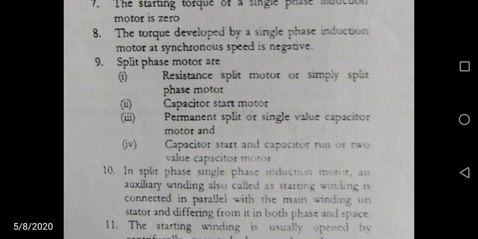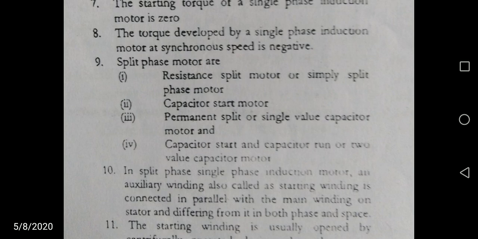Split phase motors are the resistance split phase motor or simply split phase motor, the capacitor start motor and permanent split, which are single value capacitor motors, and capacitor start and capacitor run, which is a two value capacitor motor. So these are the different types of split phase motor. The main thing is that in a single phase induction machine, two windings are there, main winding and auxiliary winding.